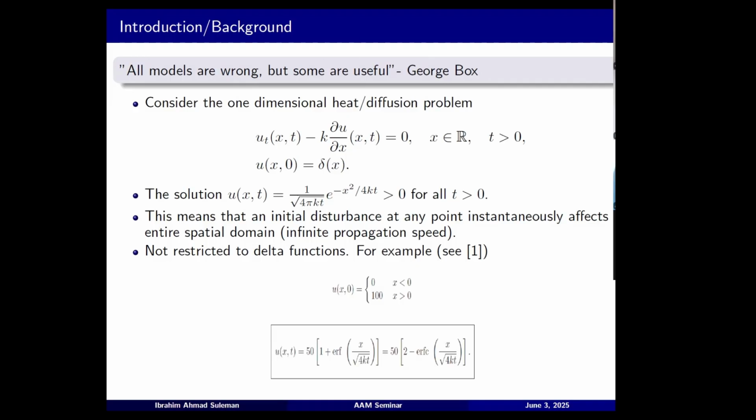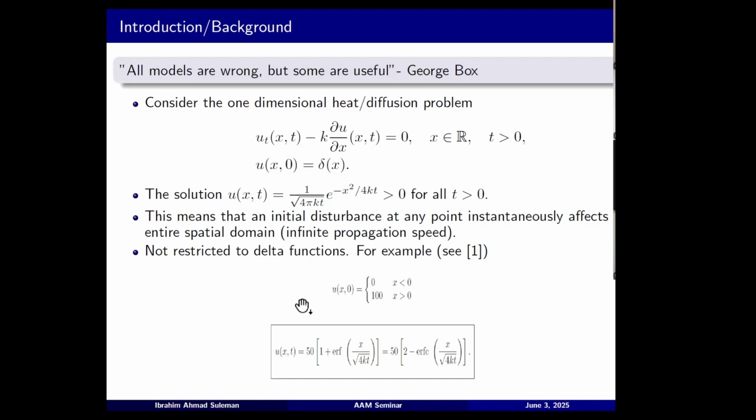Now this is a defect actually, because it violates the principle of causality, which says that no signal should propagate faster than light. Now, this problem is not just restricted to initial data that are delta functions.